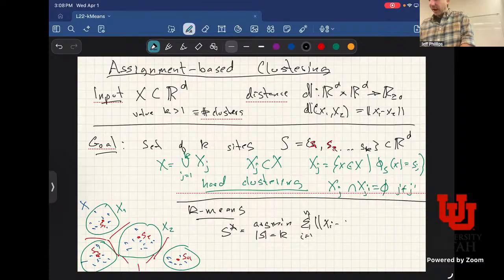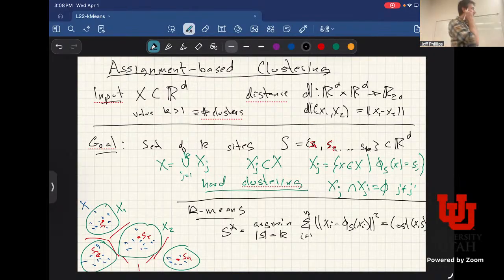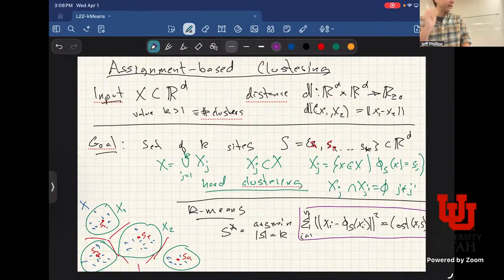So that's xi mapped onto its closest site here, and I will call this cost of X S. Okay, so this will be our cost function. The cost function is this entire box here. The arg min will be the choice of S which is minimizing cost.